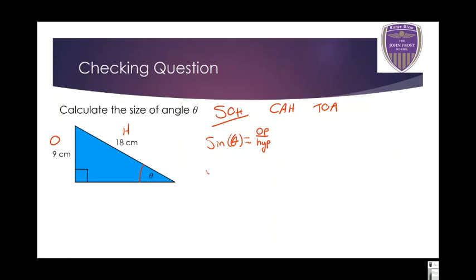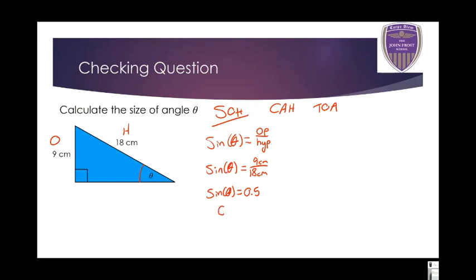So let's fill in the information. We still don't know the angle. So sine theta is equal to O, which was 9 centimeters, over H, which was 18 centimeters. If we solve this, sine of theta is equal to 0.5, because the centimeters cancel out. Okay? So the final step now, very well done if you figured this out, we have to do the opposite of the sine function.